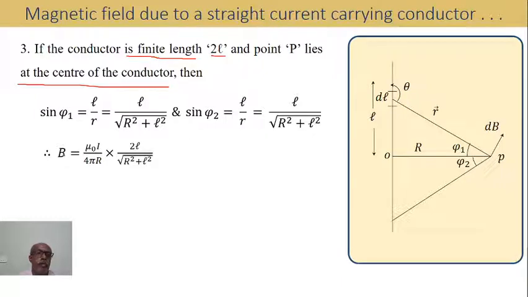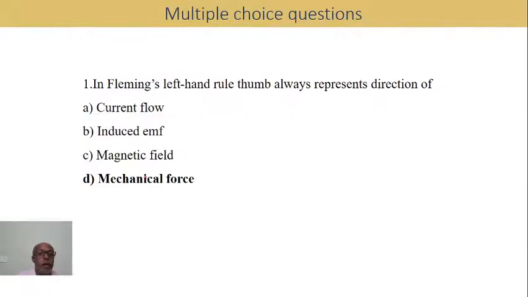Therefore, B equals mu naught I by 4 pi r into sin phi 1 plus sin phi 2. Since the denominators are the same, the numerators can be added, L plus L becomes 2L. Therefore, B equals mu naught I by 4 pi r into 2L by root of r square plus L square.